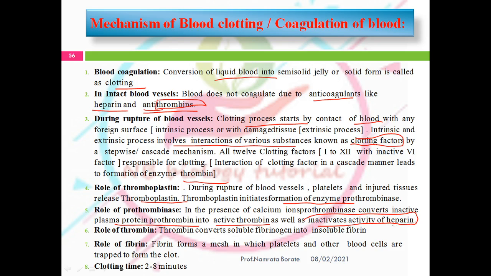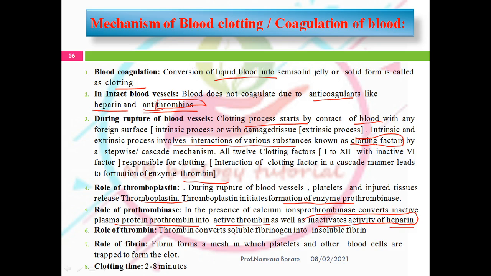So this heparin activity is stopped due to the conversion of the inactive prothrombin into the active thrombin. The heparin becomes inactive after the formation of the active thrombin.